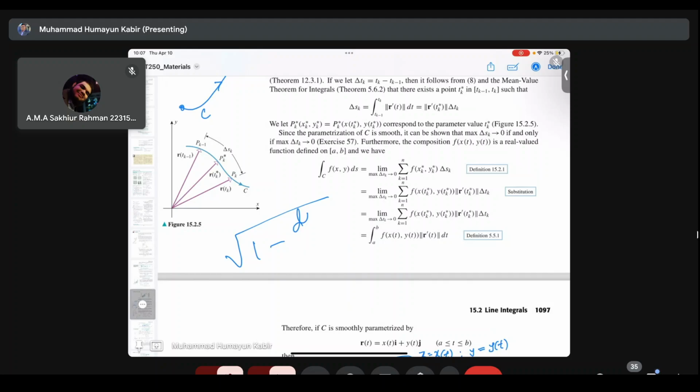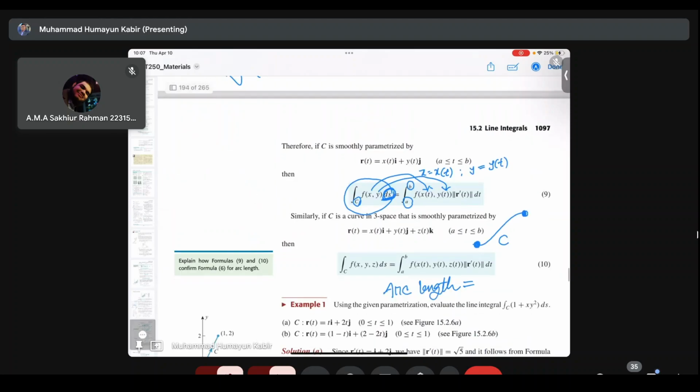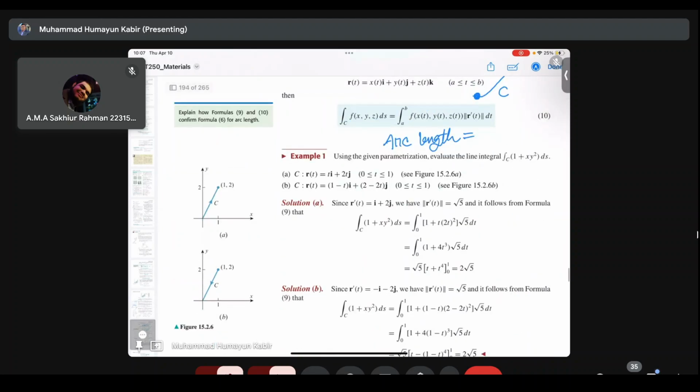Alright. Okay. So basically, ds is the arc length mathematically. Of course, it is a small part of the curve C, but mathematically it indicates arc length. So what is its value? What is its value? I mean ds.